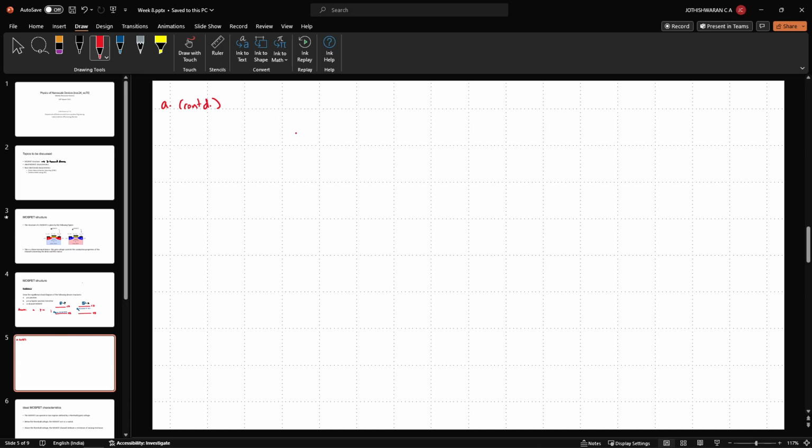So what will happen is EF1 will become equal to EF2. Let me just write that: at equilibrium EF1 becomes equal to EF2.